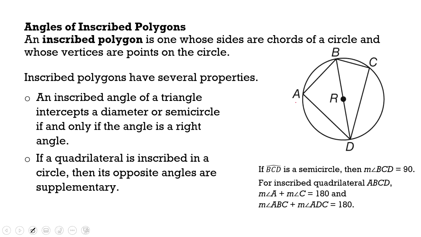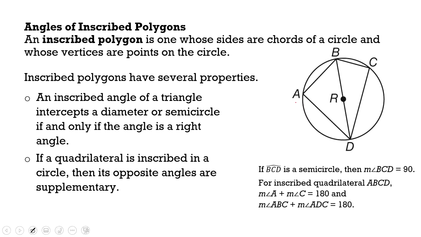Okay. The angles of the inscribed polygons. This is why we need to remember this. In an inscribed triangle, again, we're going to reiterate that if one side of the inscribed triangle goes through the diameter, that makes the inscribed triangle a right triangle, which makes the chords perpendicular where they touch the circle.